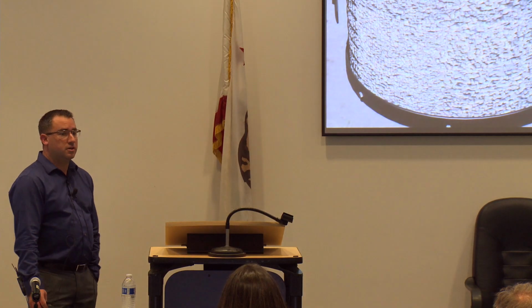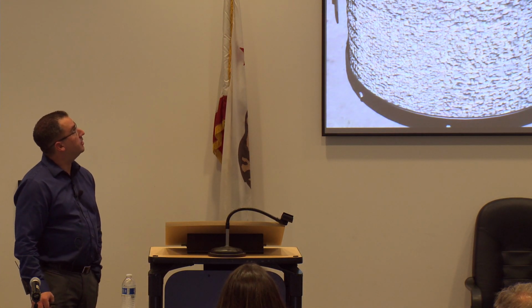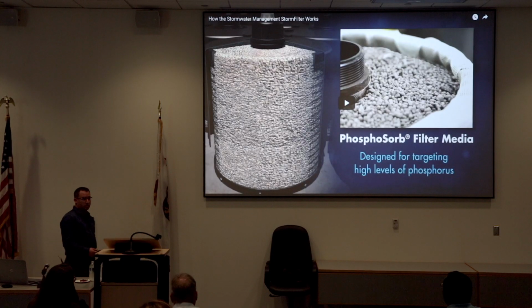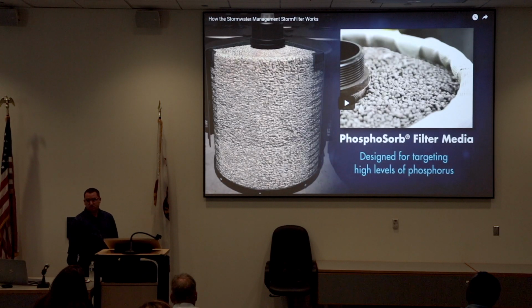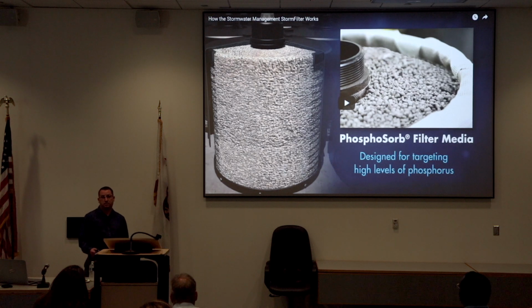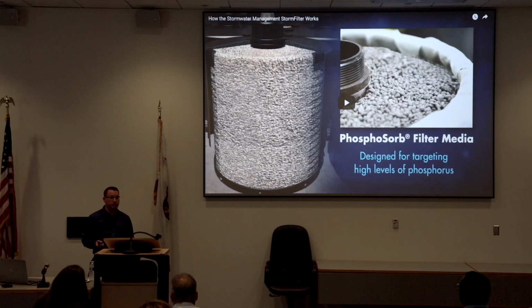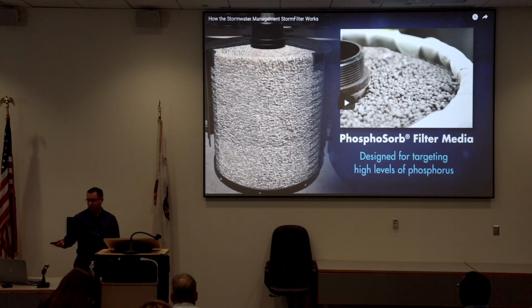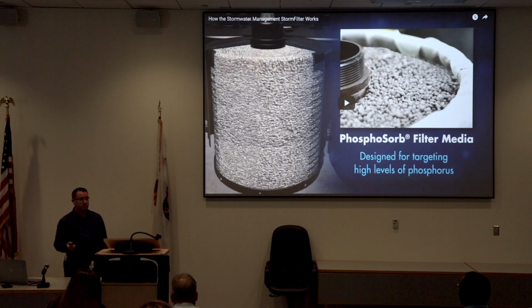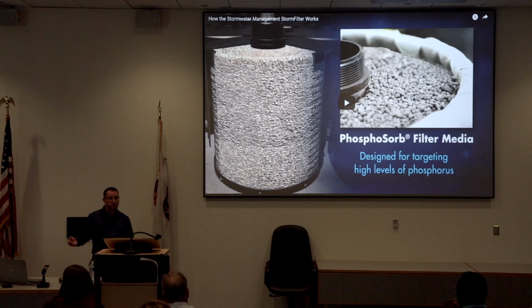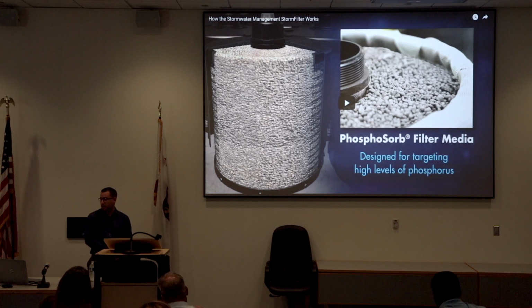One of the common themes that you may remember from when David presented earlier before lunch was a system that had an overflow for when you have a peak flow. You're going to filter through these drainage devices or filtration devices or even swales, bioswales, during the low flows.